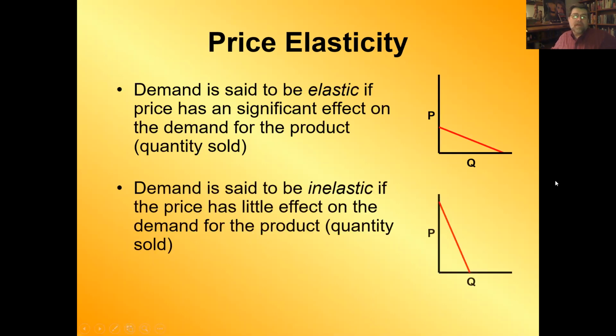However, demand is said to be inelastic if the price has little effect on the demand for the product. And here we see if you had the same price change, it would actually have less of an effect on the quantity sold.